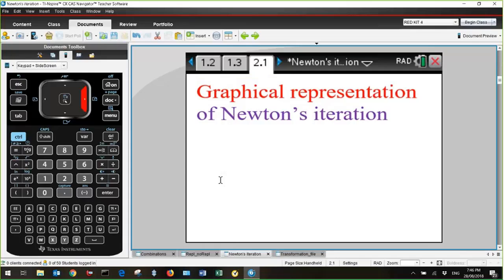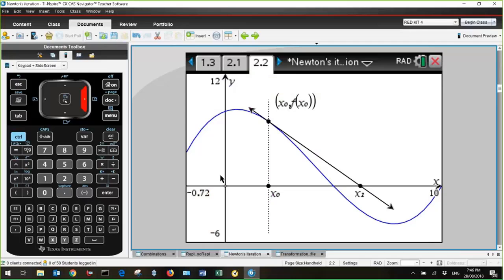So back in page 1.3, I had a description of how it works, but I'll demonstrate it graphically. So I've got the graph of a function that's got a root over here somewhere, and I take a first guess at x0. So I guess that the root is approximately x0. What I then do is approximate the graph of the function at x0 by its tangent.